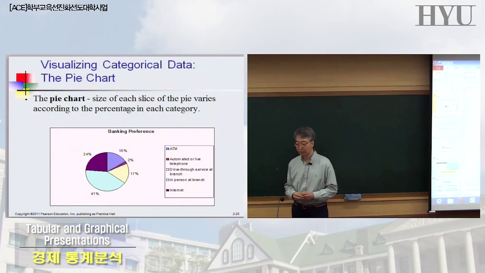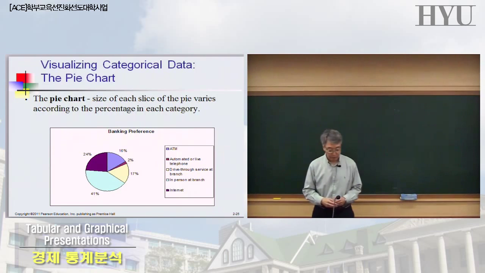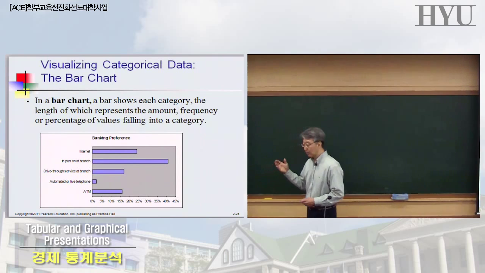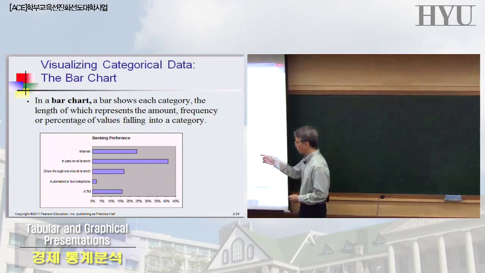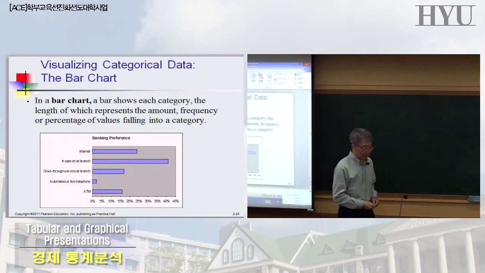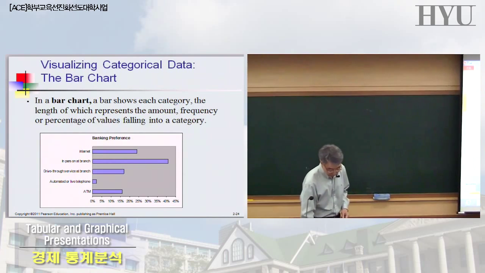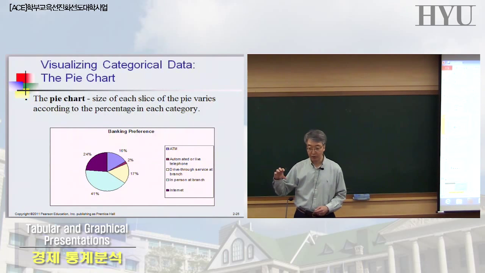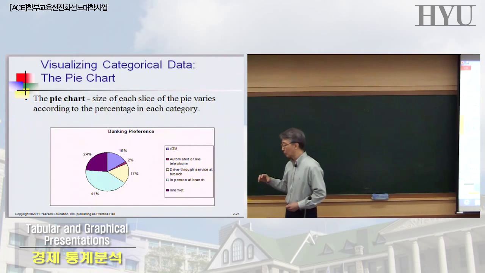Yes, from the bar chart we can see the rank easily: this is the longest, second longest, and so on. But the advantage of a pie chart over a bar chart is you can look at the total percentage in proportion.